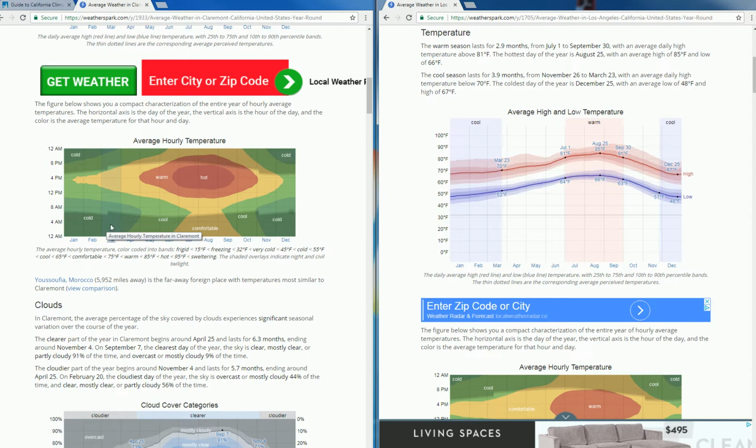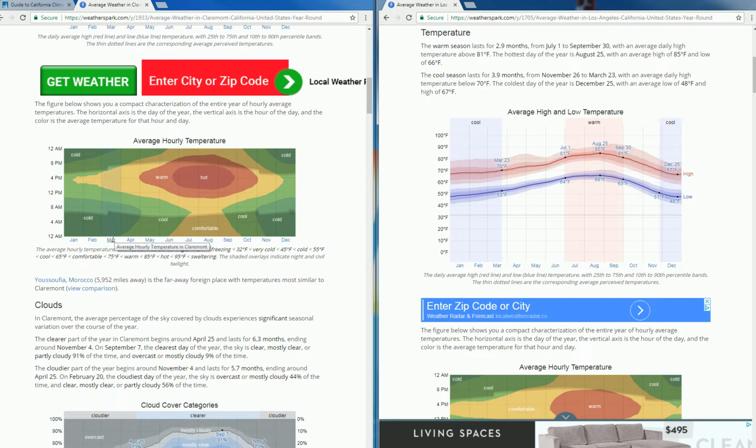So if we look at that dark green, it's cold. We're not comfortable, right? The lighter green color is cool. So if we look at March, we've got part of the morning that's cold, part of the midday or mid-morning that's cool, right?